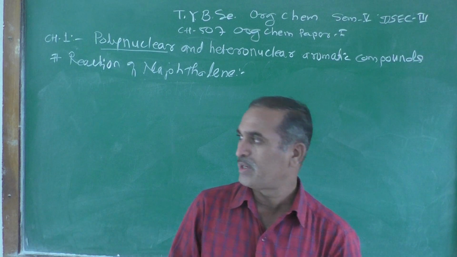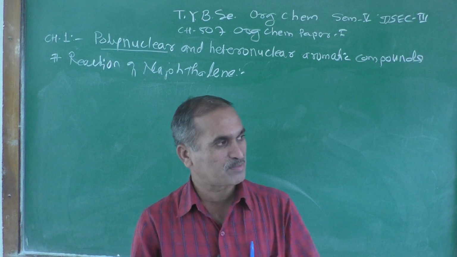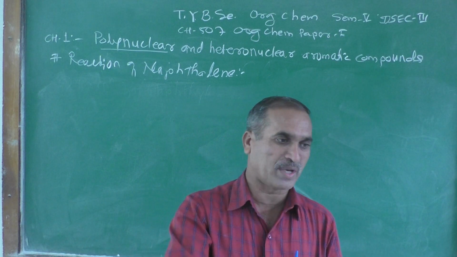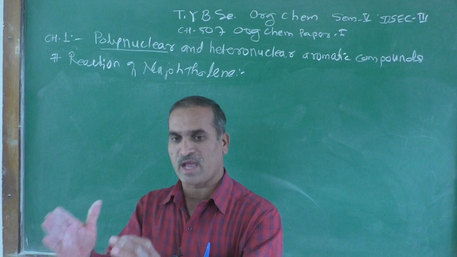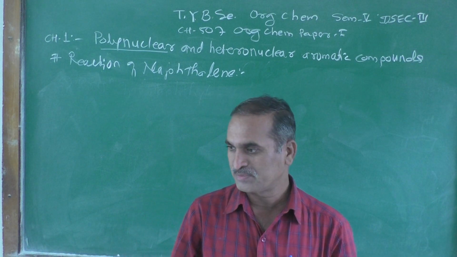That means in an aromatic compound, one of the hydrogen atoms gets replaced by the alkyl group in presence of Lewis acid. That reaction is known as the Friedel-Crafts alkylation reaction.